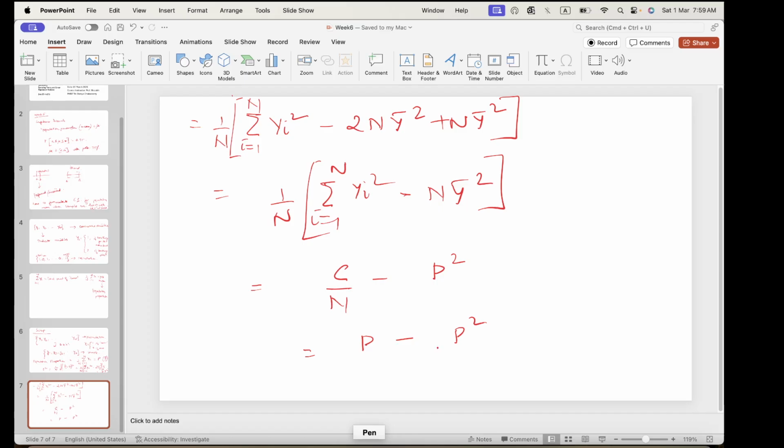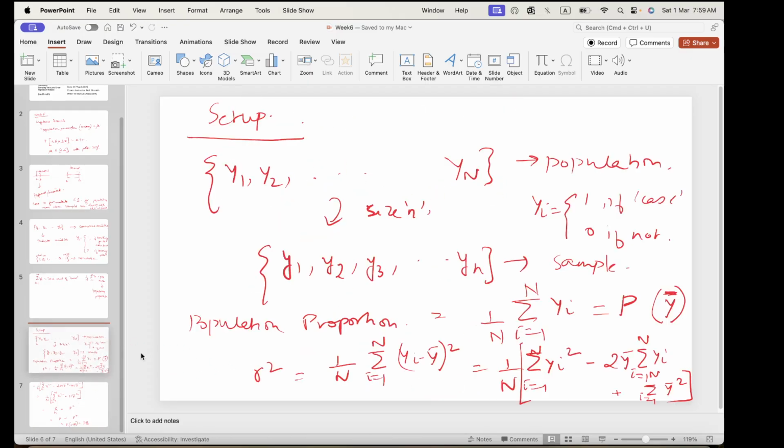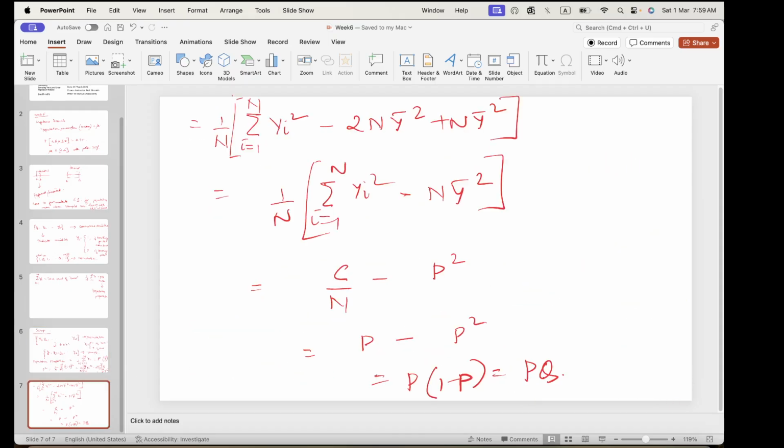So we are going to have P minus P square, this is P into 1 minus P, we call this as Q. So sigma square is actually P into Q.